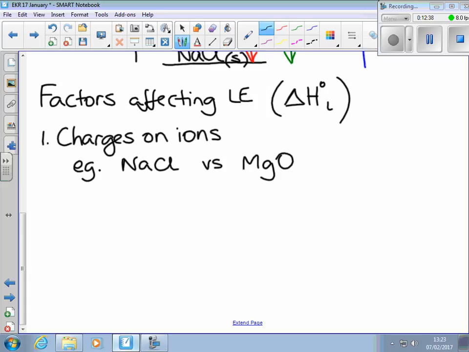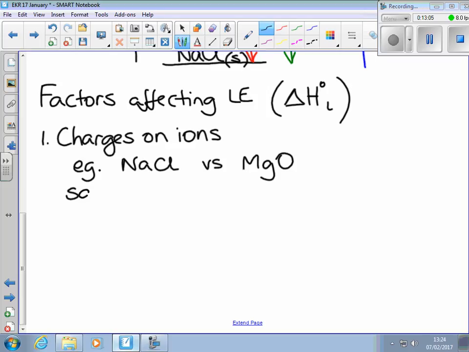Sodium chloride and magnesium oxide arrange themselves pretty much the same in a crystal lattice. But with sodium chloride being around the 787 mark, in comparison, magnesium oxide's more like 3,900. So huge difference, and that's because of the difference in the charge on the ions.